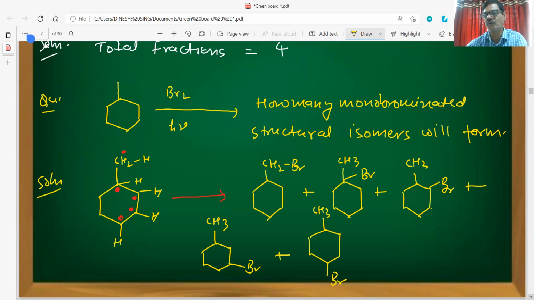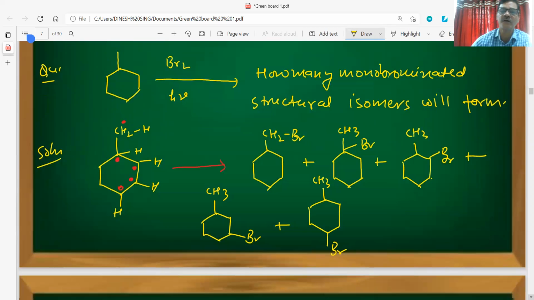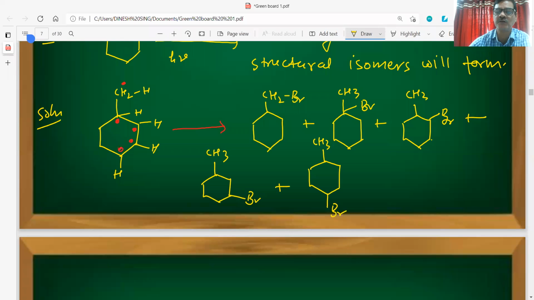So a total of 5 isomers will be obtained.